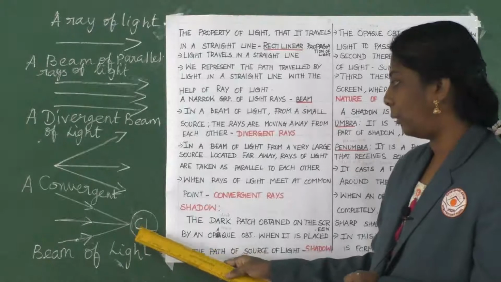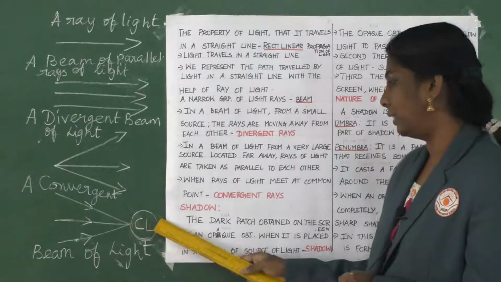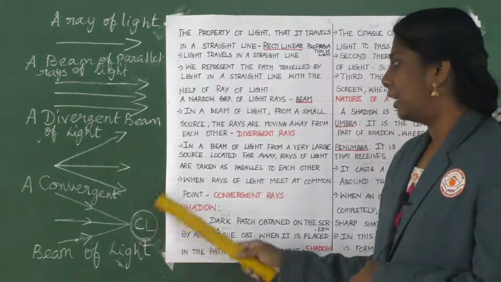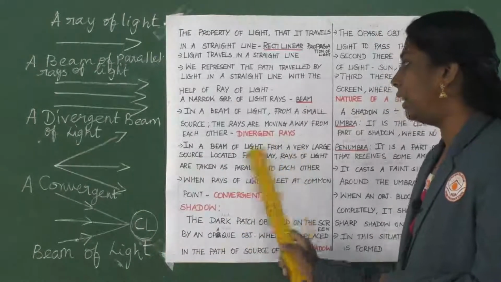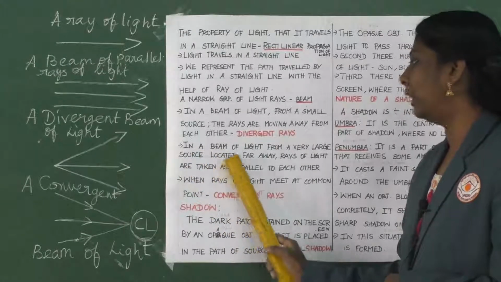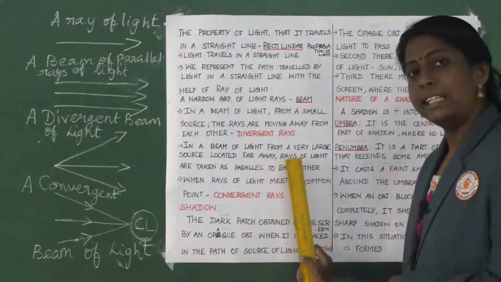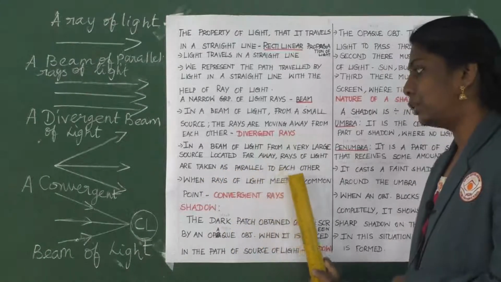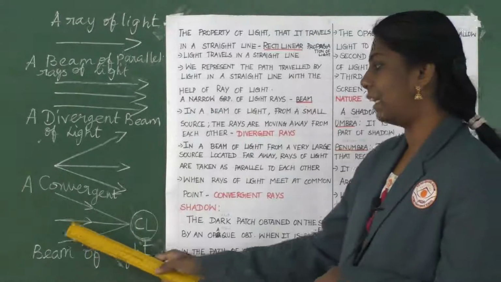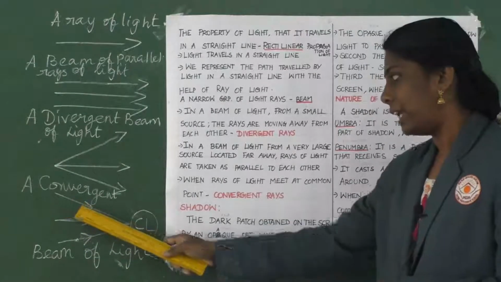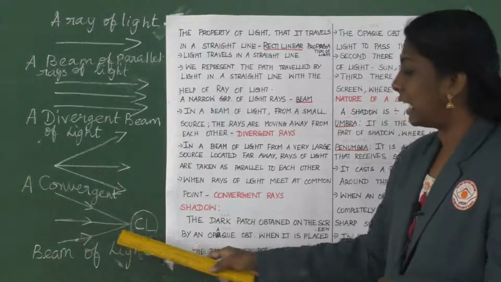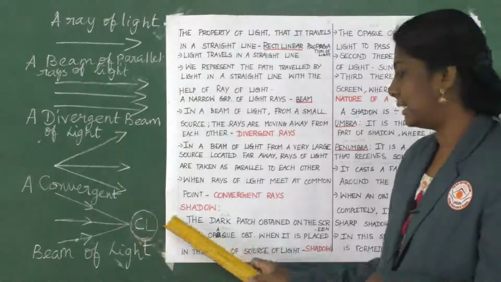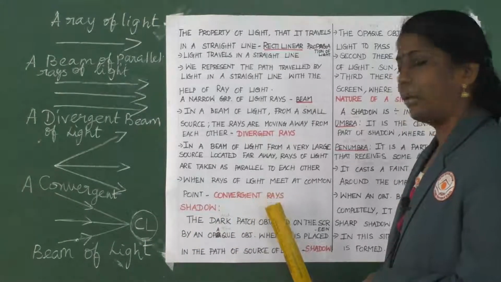When the rays of light meet at a common point, that is said to be convergent rays. Convergent light or convergent rays.